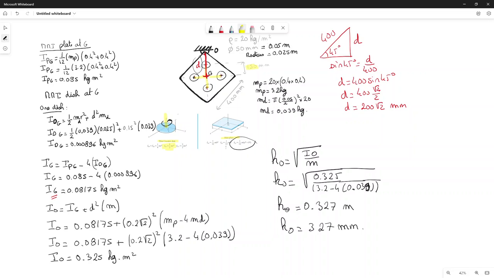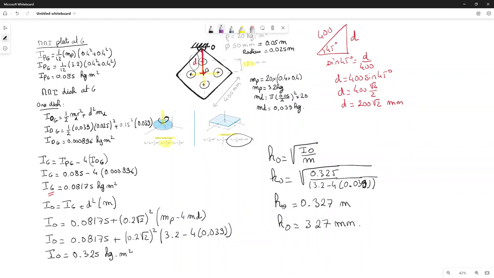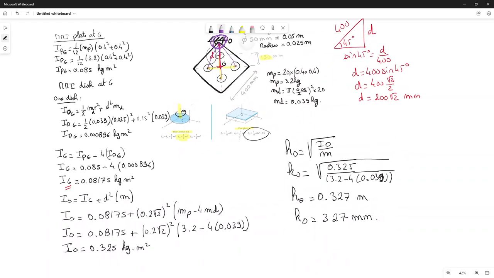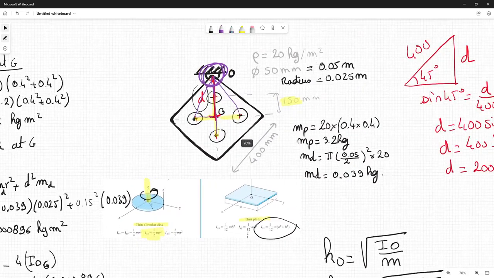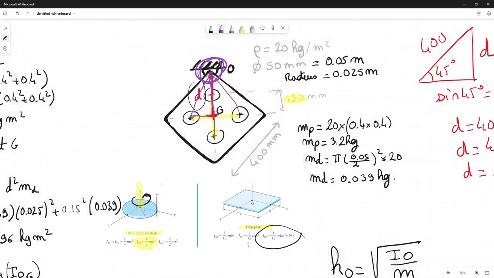So in that problem, what we need to look for is an intermediate center that will help us find the moment of inertia about O. If we begin right away with O, that will be very challenging to find all the distances. So instead of using all those distances, we use the point G in the middle, and we move all the circles first to the center.